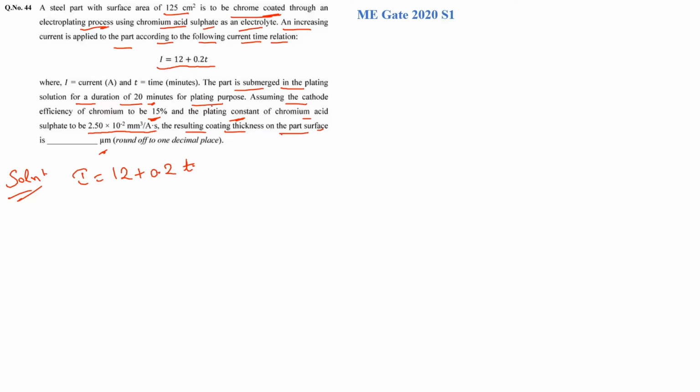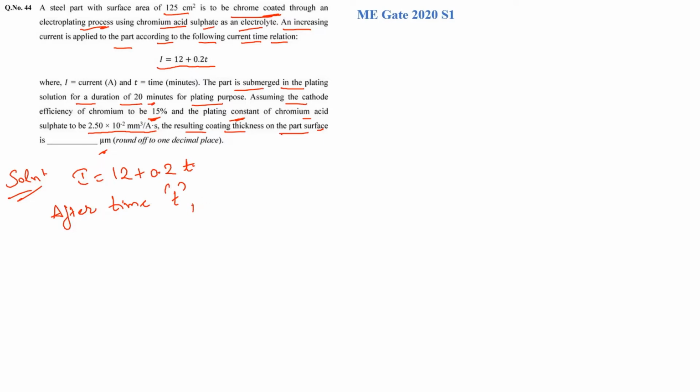So after some time t there would be some changes, but we have to find out the change in the steel part from the initial time to the final time, where time t is 20 minutes.